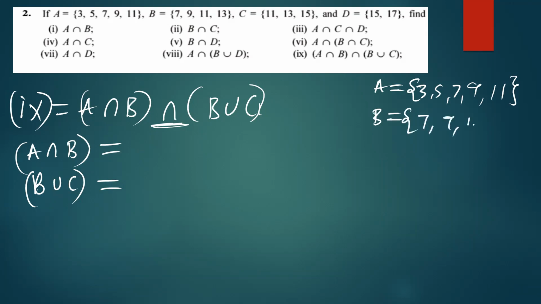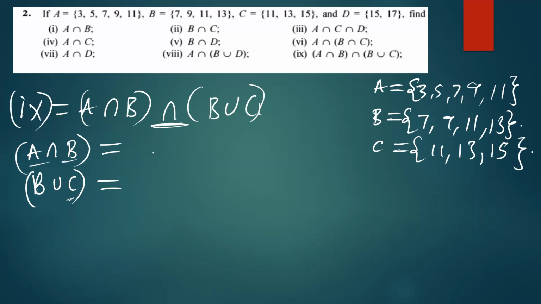B is given to be 7, 9, 11, 13. Then C is given to be 11, 13, and 15. Let me just write it in advance. We first have to find the common elements between A and B, which are 7, 9, and 11.